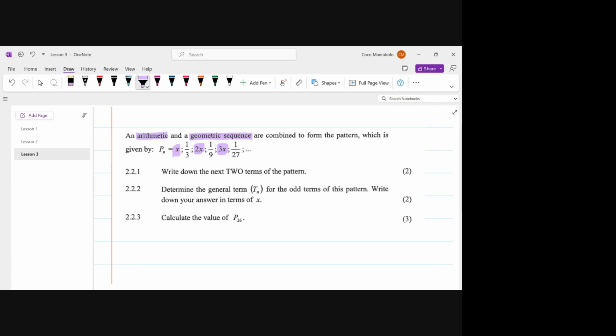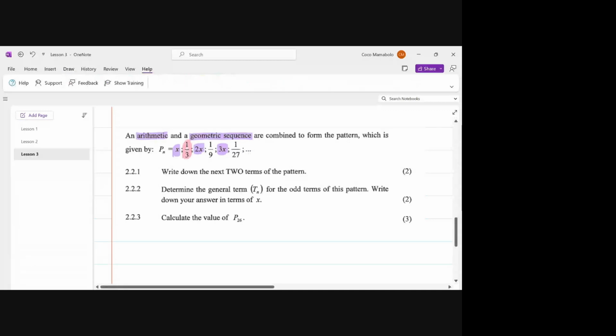All right. Okay. So let's look at what we've been given here. All right. So that's 1 over 3. And I meant to change the color, and I just didn't change the color. All right. So if we look at the two sequences that we've been given, because we have been given two sequences, which one of these is arithmetic and which one is geometric? Which one is arithmetic? The purple one or the pink one?